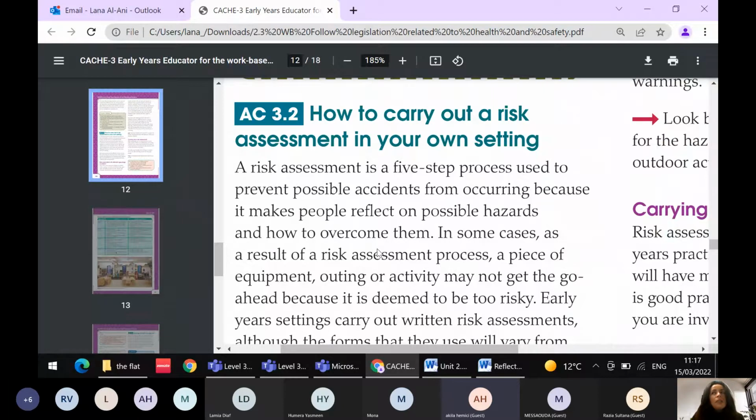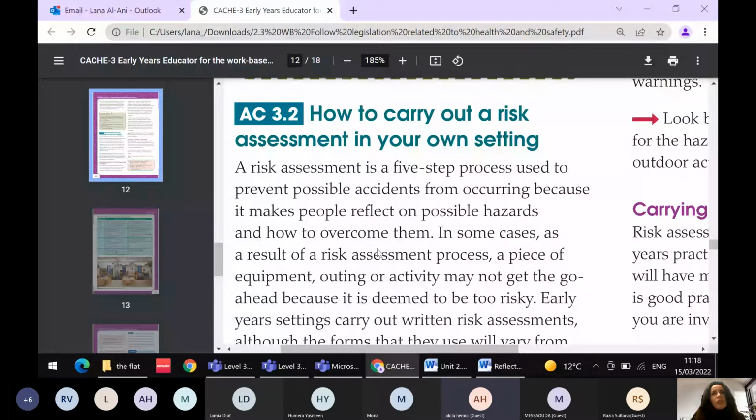Why? Because I need to eliminate any risk or hazard that could affect the children's health. Even though I'm allowing the children to have fun, experiment and develop their skills, in the meantime I need to make sure that this hazard is under control. So I do the risk assessment.